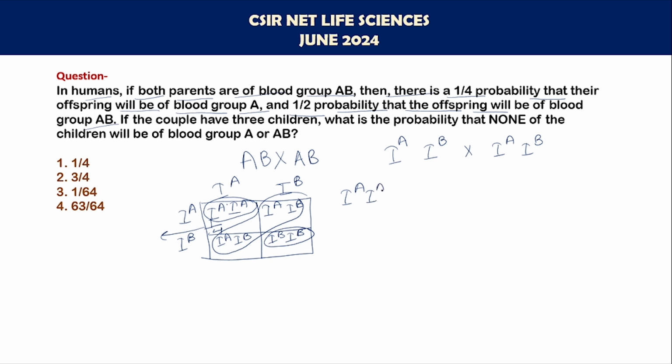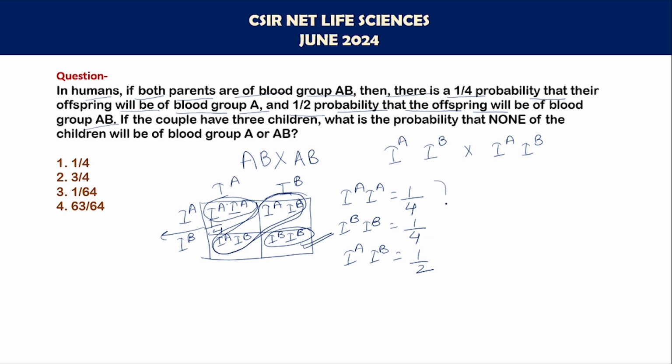Probability of A blood group is 1 by 4. Probability of B blood group, you can see this is the B blood group, it's also 1 by 4. And the probability of AB blood group, you can see this is half, right? So the probability of AB blood group will be 1 by 2.